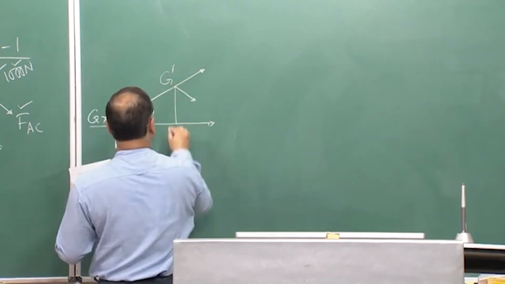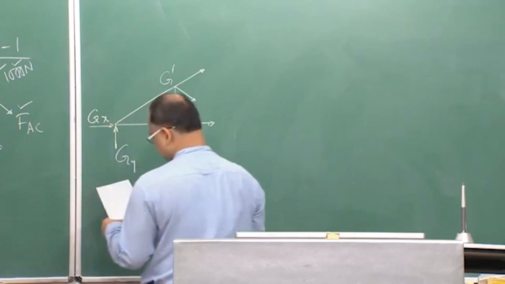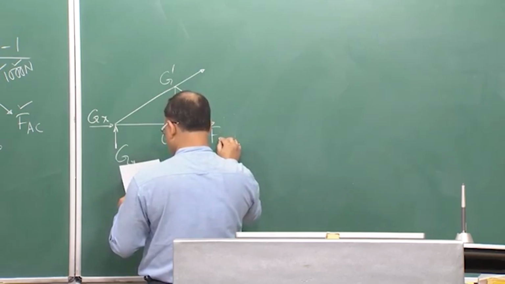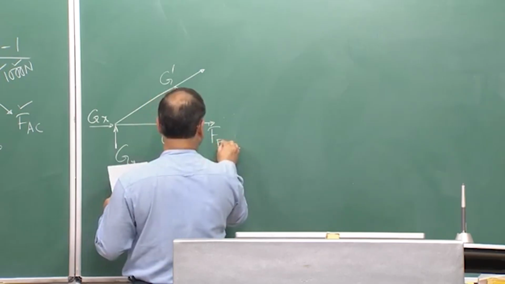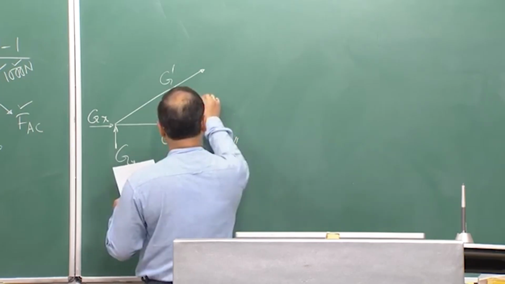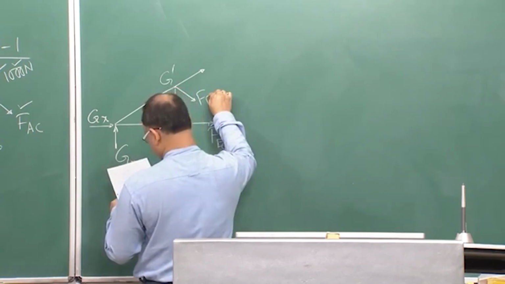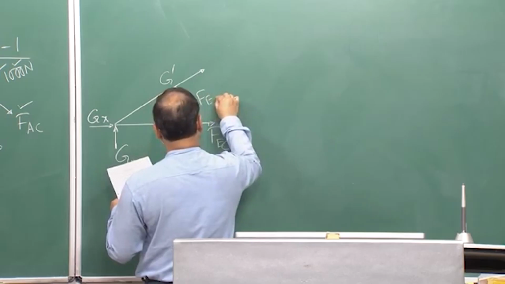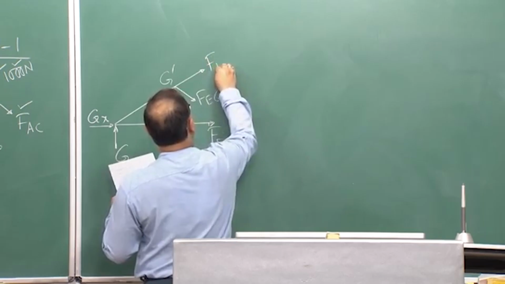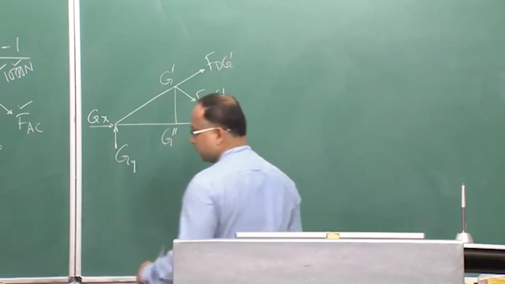This is your G prime, G double prime as shown in the figure. This force is FEG double prime. This force is FEG prime, and this force is FDG prime.